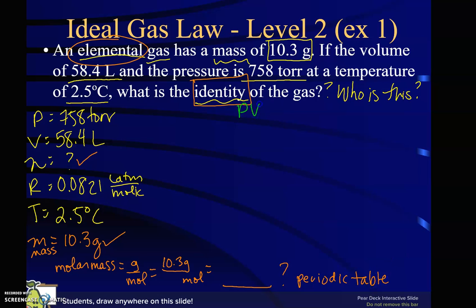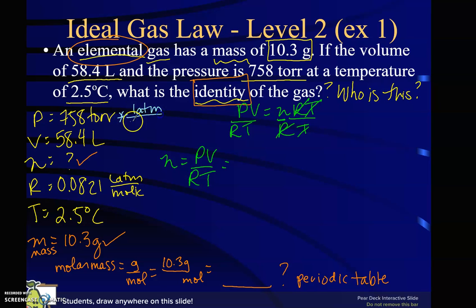All right, so let's plug in. PV equals nRT. We're going to solve for N, so divide both sides by R and T. So we get N equals PV over RT. R's and T's cancel out. So my pressure is, hold on, we forgot. Our pressure has to change to atmospheres.